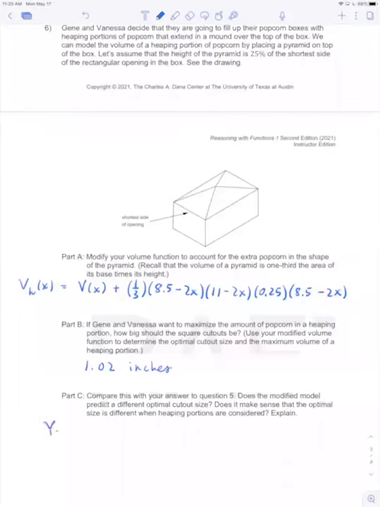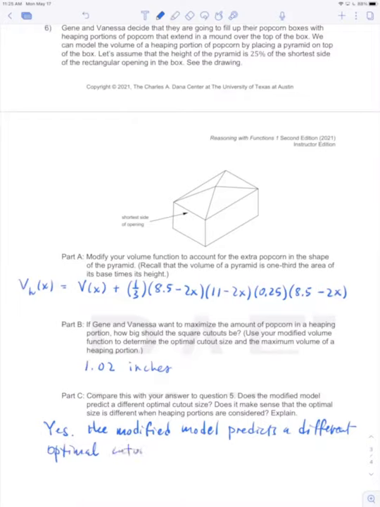The answer would be yes. The modified model predicts a different optimal cutout size.